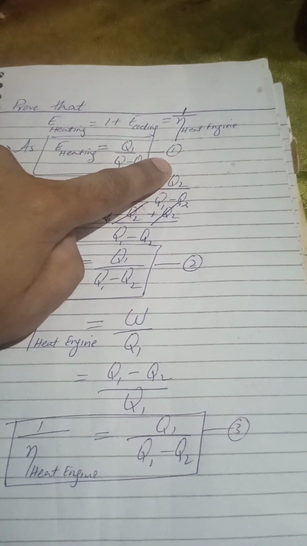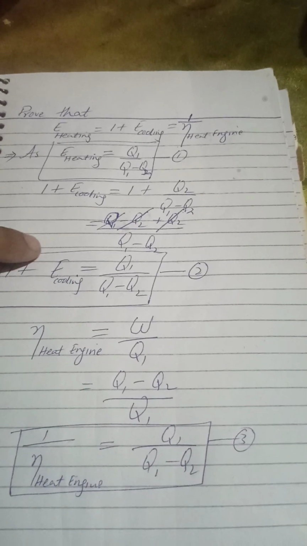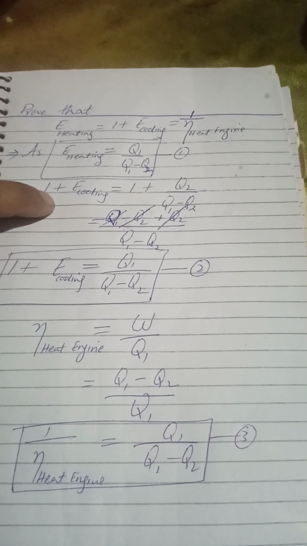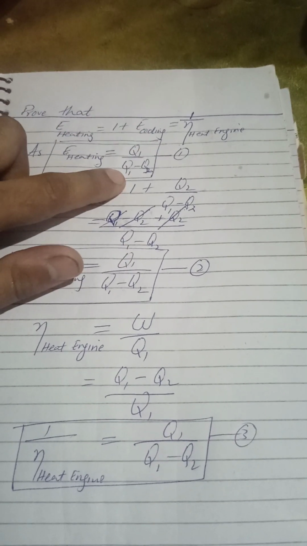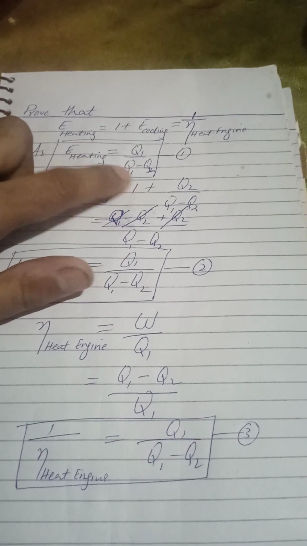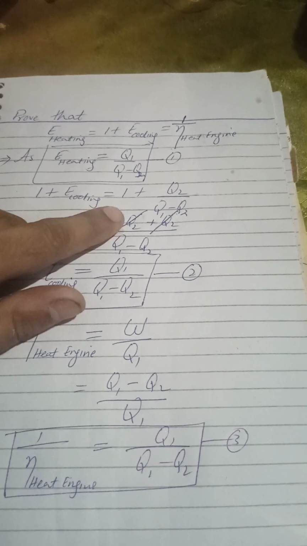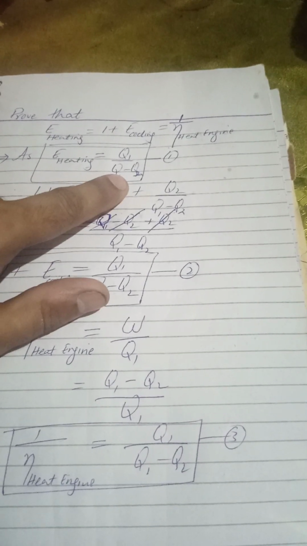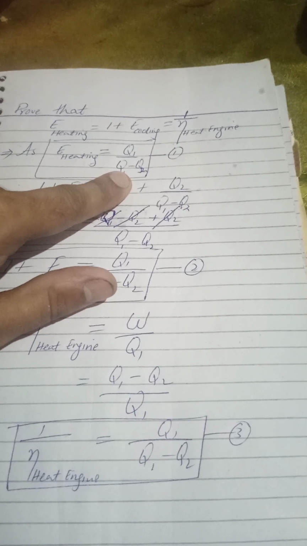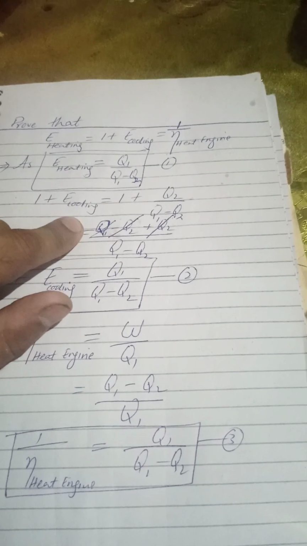This may be termed as equation 1. Now we see that 1 plus E cooling should equal the right side of equation 1.